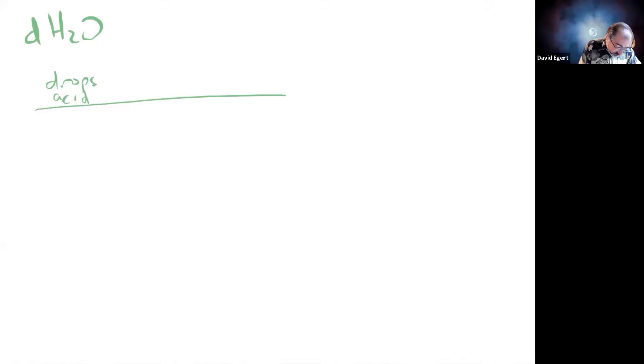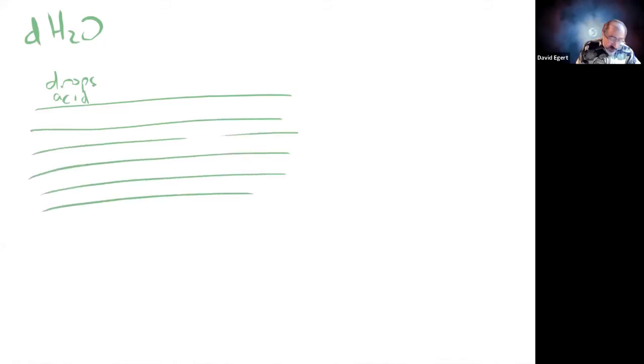Last thing I should mention, when you know that you are going to be taking data, it usually is a good idea to make a nice little chart in your book ahead of time where you can write it in and keep things neat. So for instance, you're going to start with distilled water, drops of acid, and again, one of the things that's nice about having the notebook that has the graph paper in there is you can make little charts really easy.